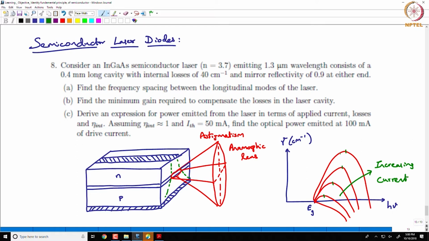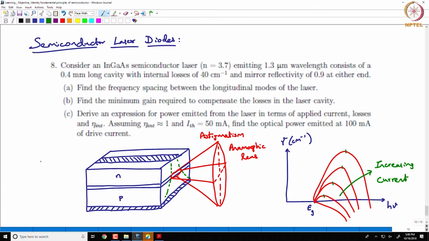Why do you have more gain at higher frequency when you have more injection current? Because initially when you inject current, you are filling the lower energy levels of the conduction band, and so you start emitting from those levels. So the energy of those emitted photons is going to be lesser.